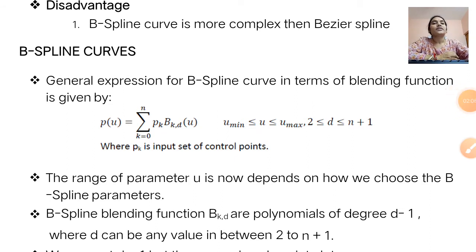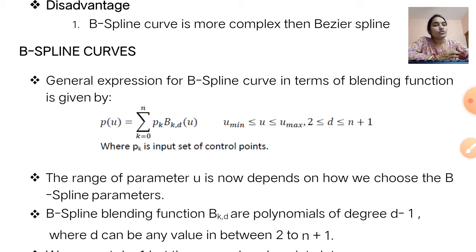The general expression for a B-spline curve in terms of blending functions is given in this equation: P(u) equals summation k equals 0 to n of p_k B_{k,d}(u), where p_k is the input set of control points, that is, the control points we give as input.